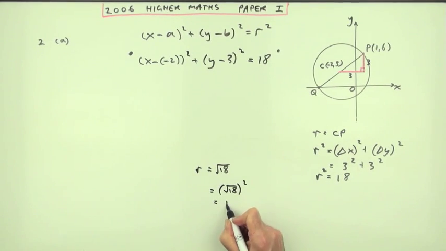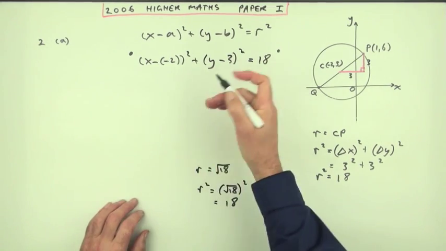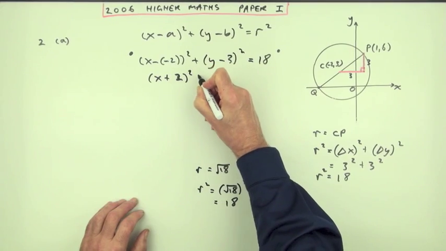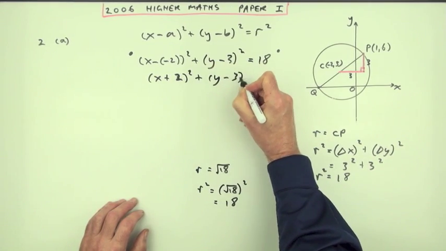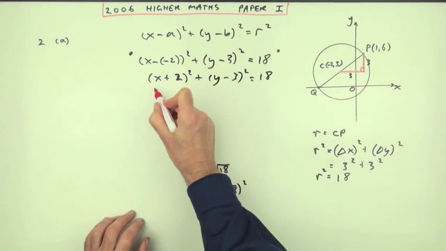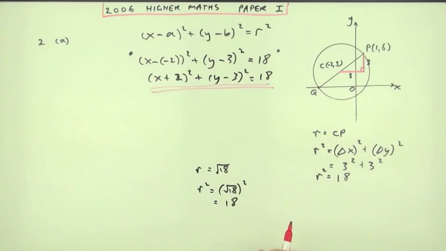You'd have to tidy that back up to 18 for the radius squared. Still, I wouldn't leave it like that. I would finish that off and say x plus 2 squared, y minus 3 squared equals 18 for the equation of the circle. Whereas it's sufficient just to leave it like x take away -2.